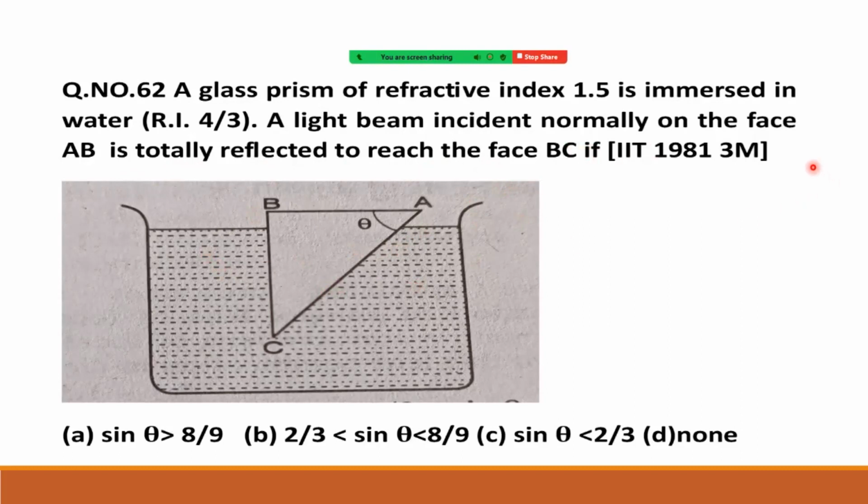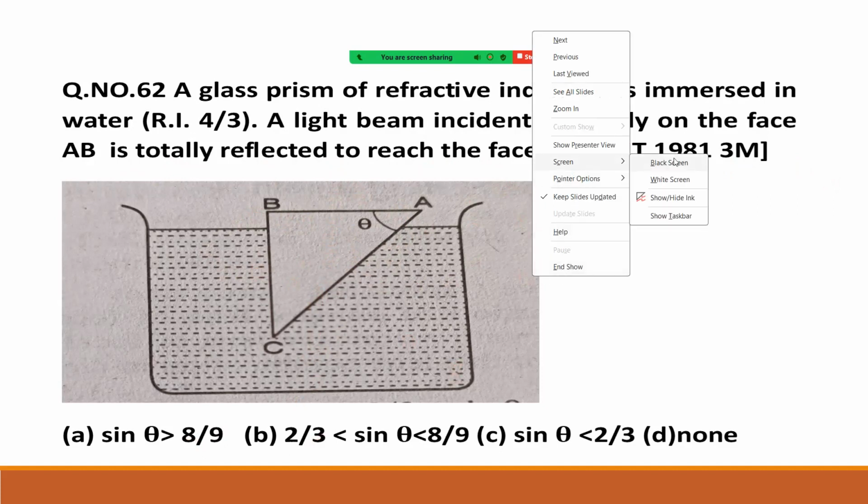This was asked for 3 marks in 1981. So, falling on AB normally, it has to reach the face BC after total internal reflection. For this, we have to focus on what the condition is. Let us see how to solve it.